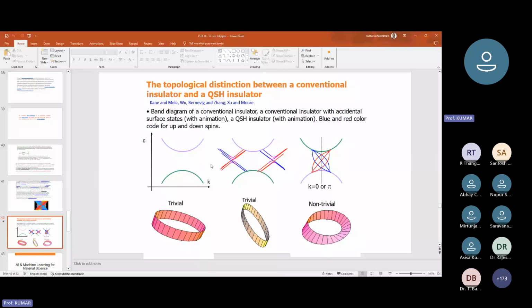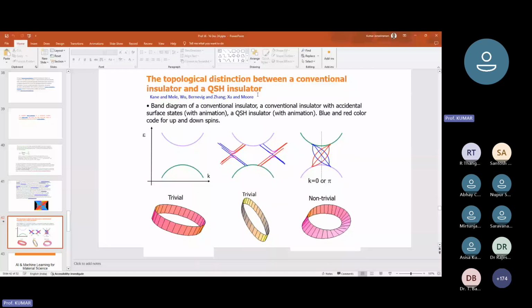So you can have a trivial state, and this trivial state can be combined with this kind of Fermi states, and this can also be represented with respect to k wave vector equivalent to 0 or pi. You have to understand in detail this quantum spin Hall insulator, then only you will understand this. But I just want to make some representative understanding of this.